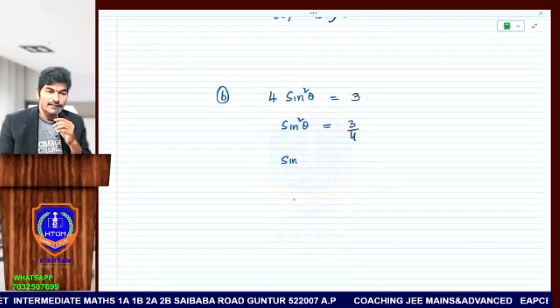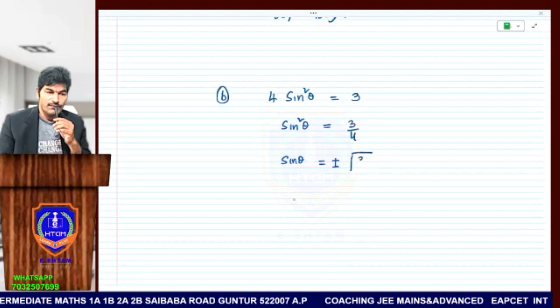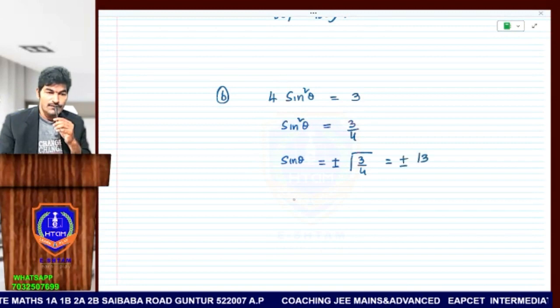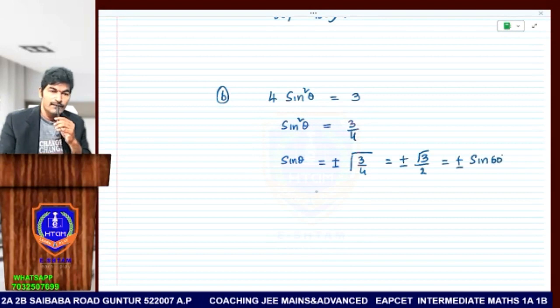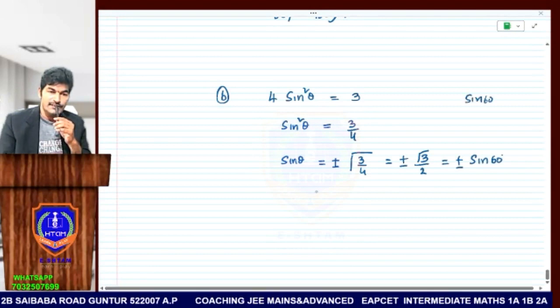And sine theta equal to plus or minus square root 3 by 2. Understood? When you get this value, root 3 by 2 in sine terms, it is sine 60 degrees, because we know that sine 60 degrees is root 3 by 2.